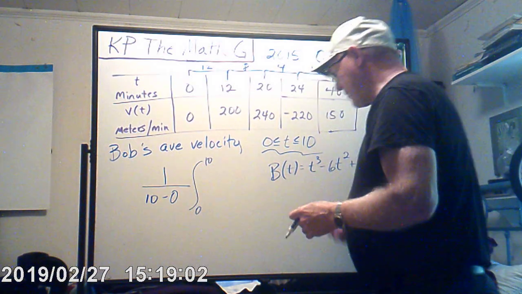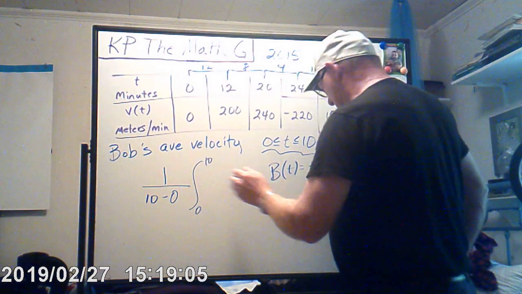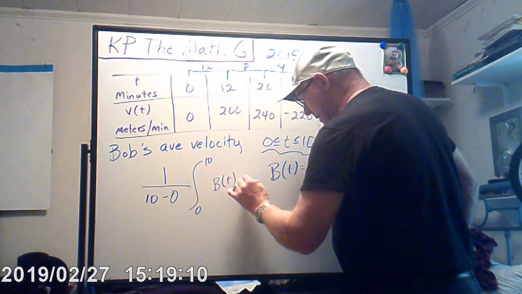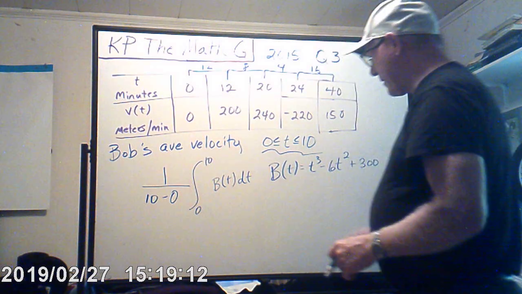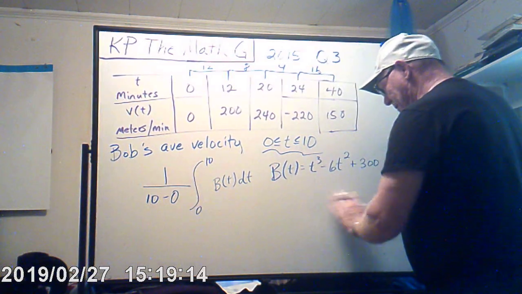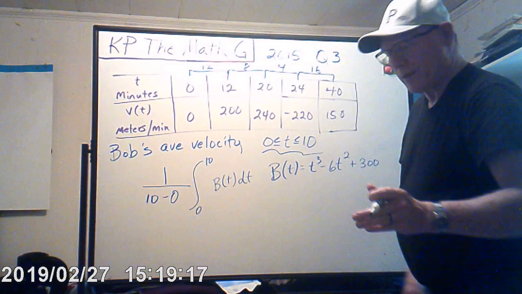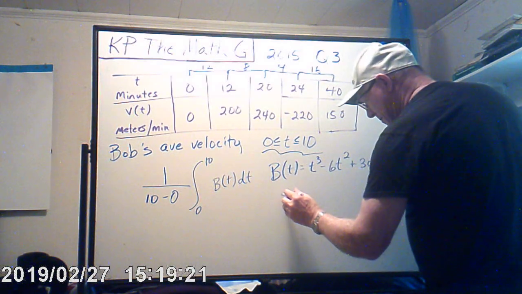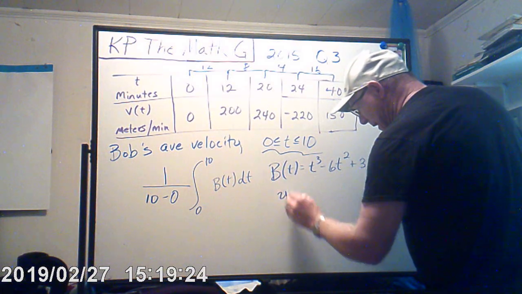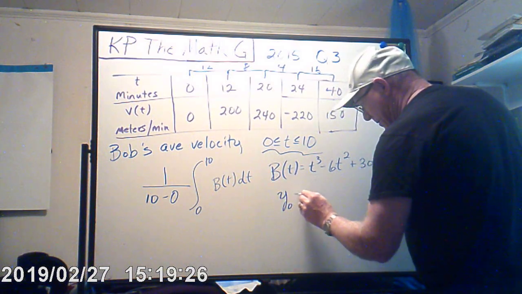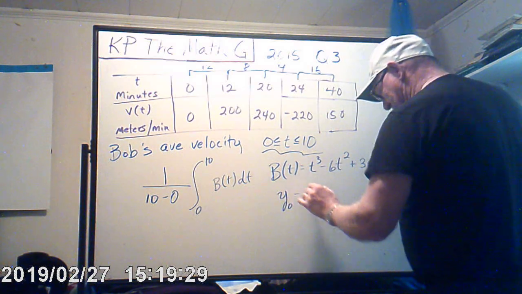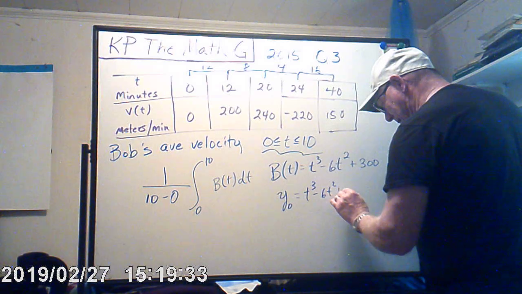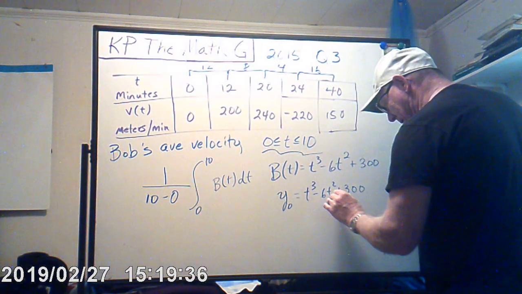So it's still got to be the integral of b at t dt. And here's what I would do if I were you, this is just me: I would go to y equals, where I have y sub 0 on mine, and I would put this in there.